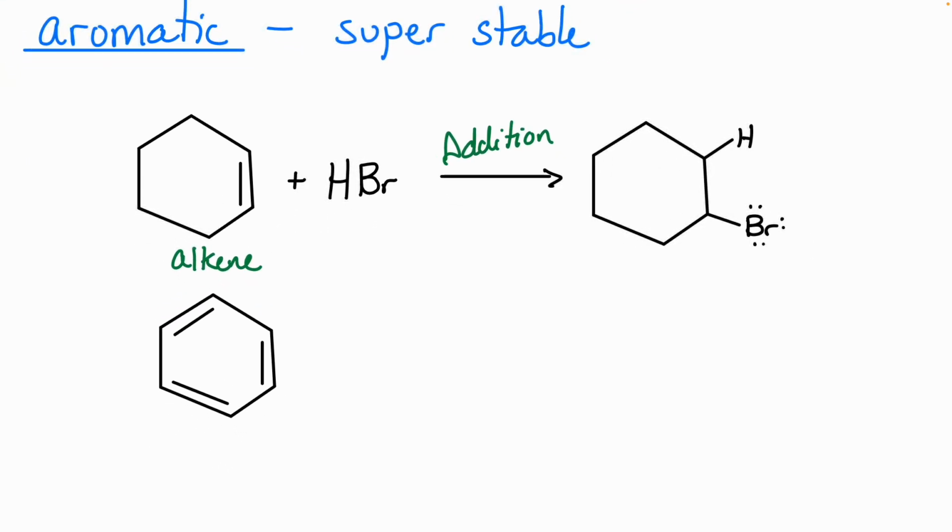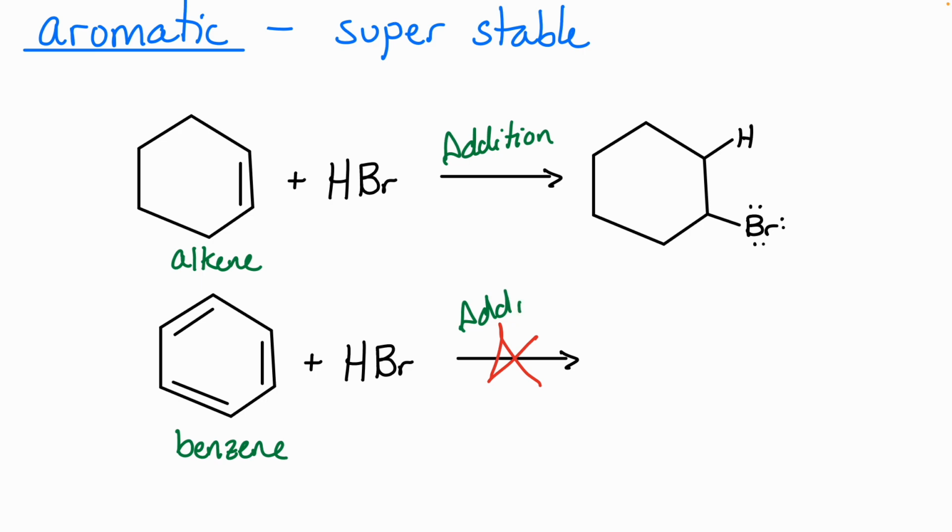All right, benzene looks a heck of a lot like an alkene, right? It's got a bunch of carbon-carbon double bonds, okay? But we're going to throw this into a different category, which we're calling these aromatic molecules, because benzene and other aromatic molecules do not undergo addition reactions.